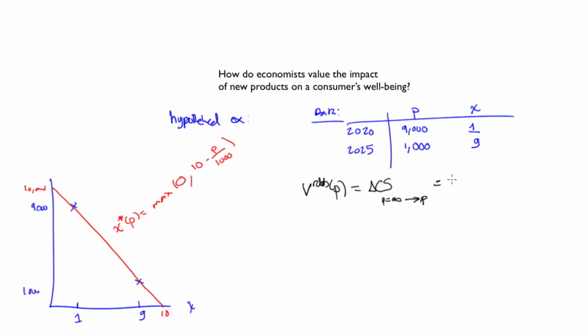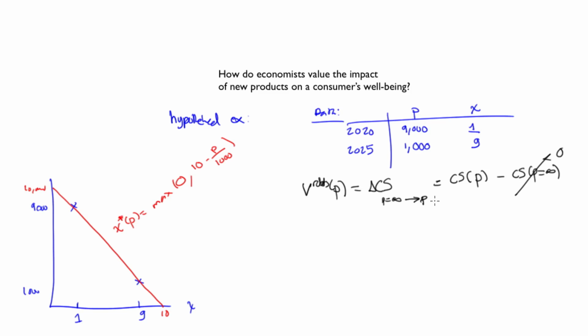So this is equal to the difference in consumer surplus at P minus the consumer surplus when the price is infinity. But remember that in that situation you don't purchase anything, so you consume x equals 0, so this is just 0.